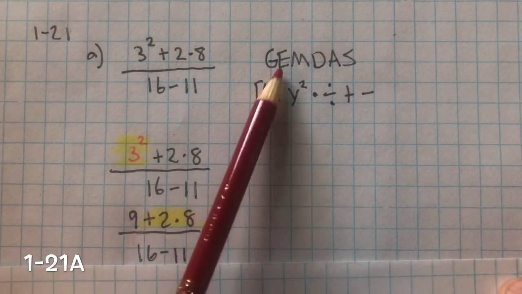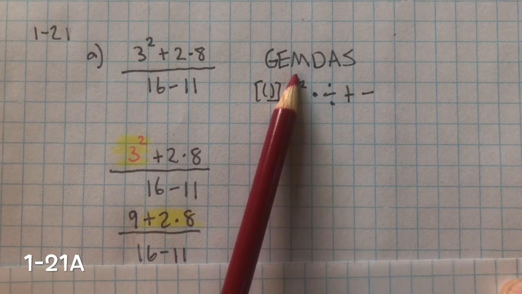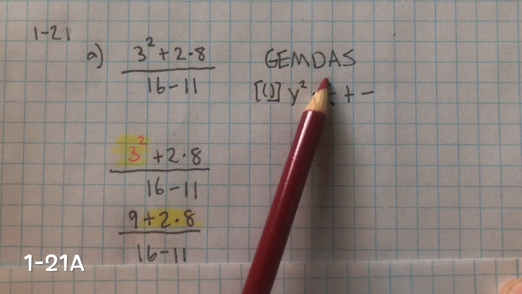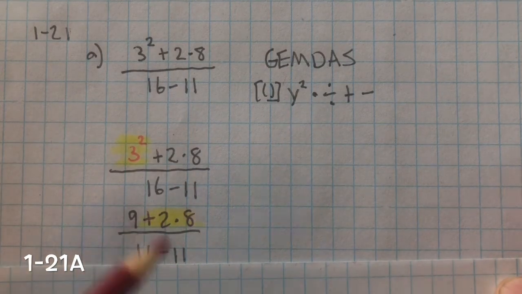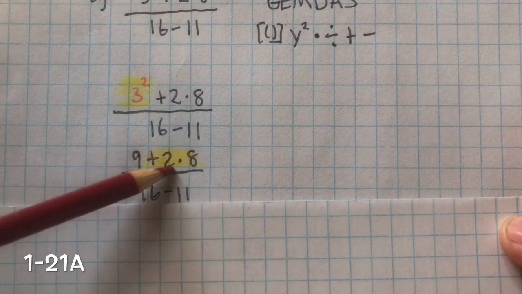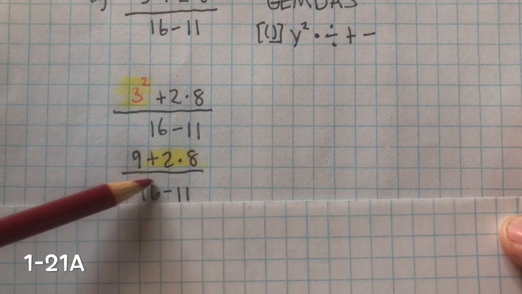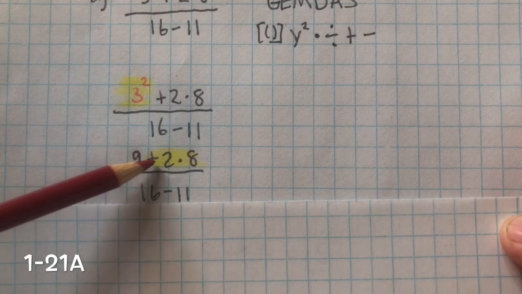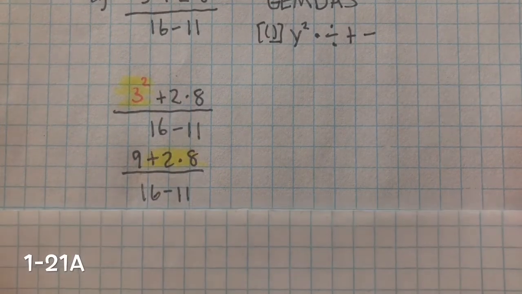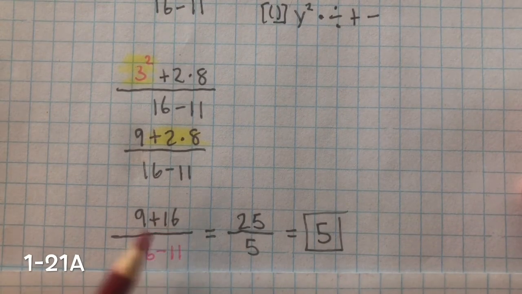Now, we don't have any more exponents, but we do have multiplication. So remember, multiplication and division from left to right. So we need to do this part before we do this. We can't add before we multiply. It's not following order of operations. So we have 2 multiplied by 8, which is going to equal 16.